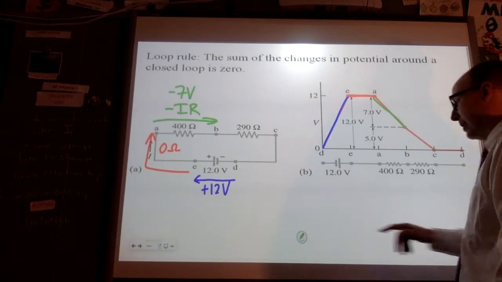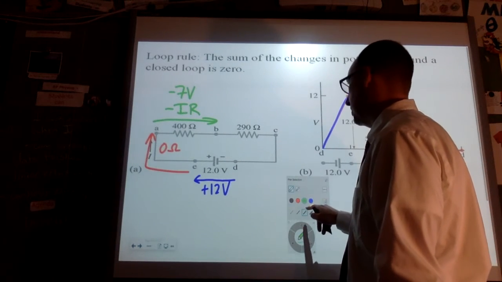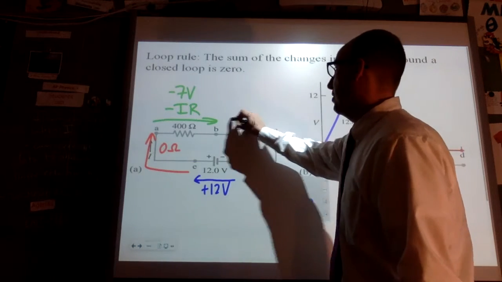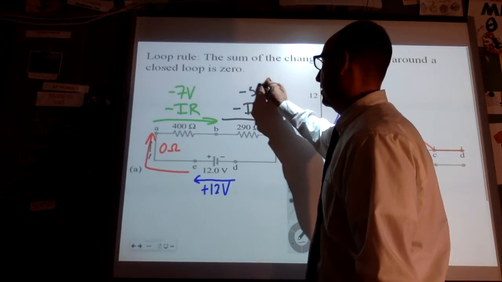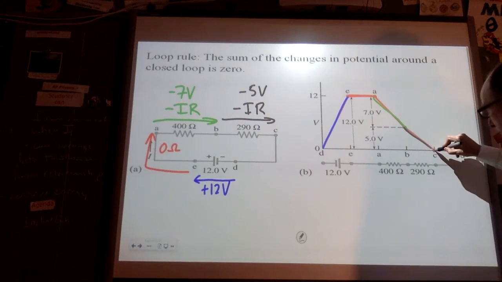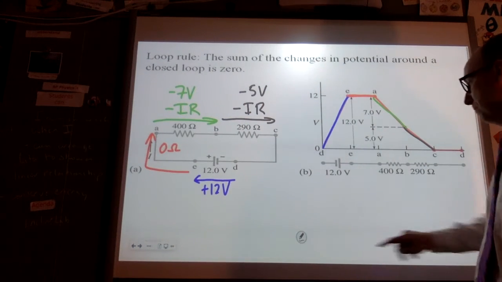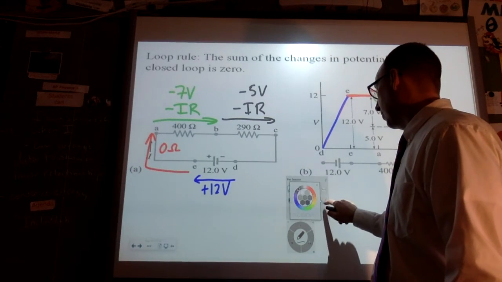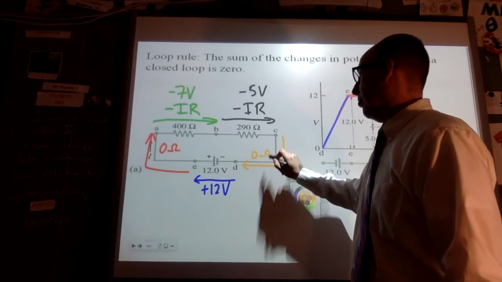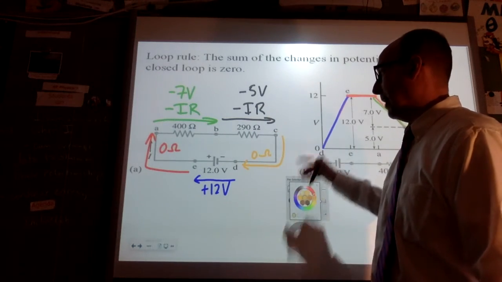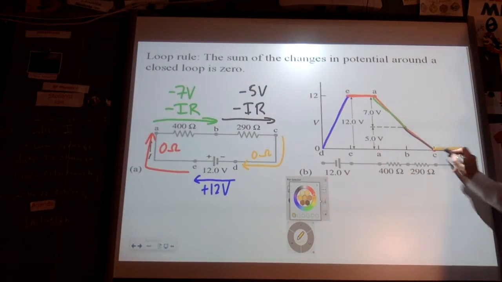Then I'm going across another resistor, so I have another voltage drop, which is minus IR, which they're telling us is 5 volts. And then on my final path, I go through a wire that has 0 ohms, so minus IR is minus nothing. I'm at 0.